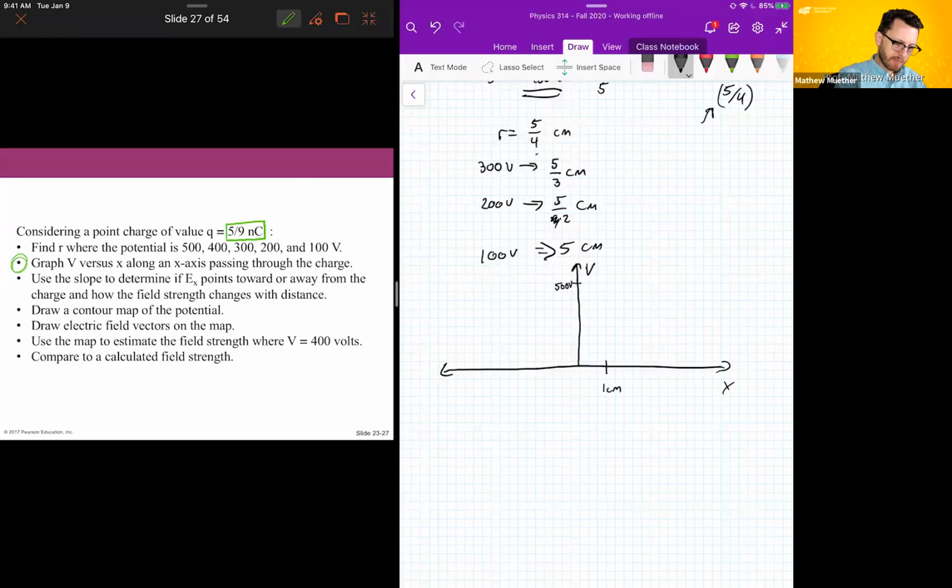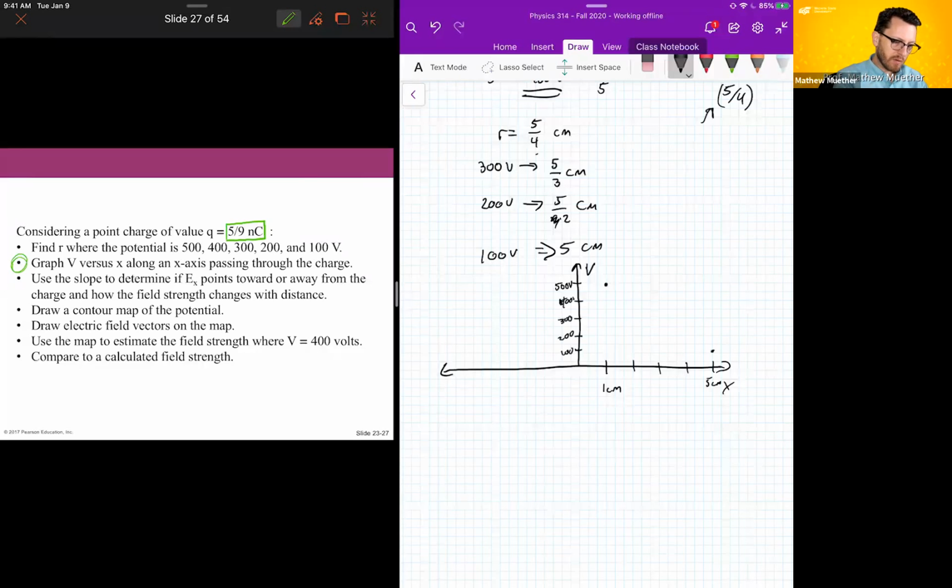So we just have to plot that information that we found. We know out here at 2, 3, 4, 5 centimeters that this thing is going to be down to 400, 300, 200, 100 volts. We know out here at 5 centimeters, we're down to 100 volts.